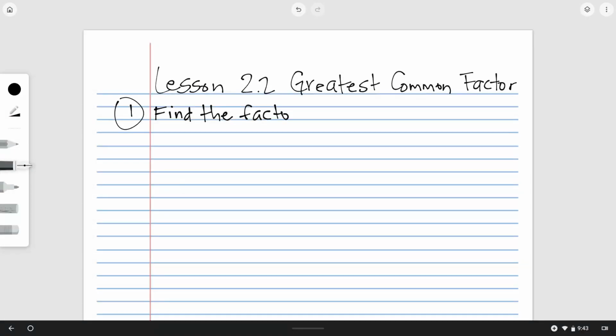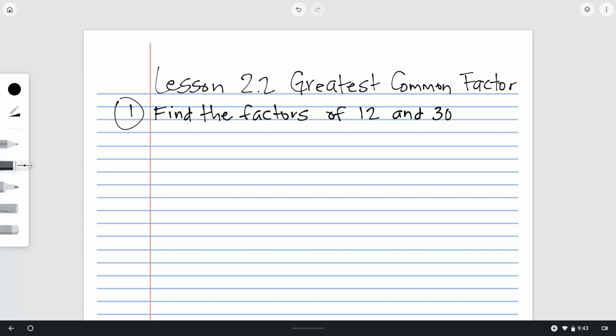I should have wrote that differently. That's okay. Find the factors of, I'm going to pick two numbers here, 12 and 30. Okay. It says find the factors of 12 and 30.